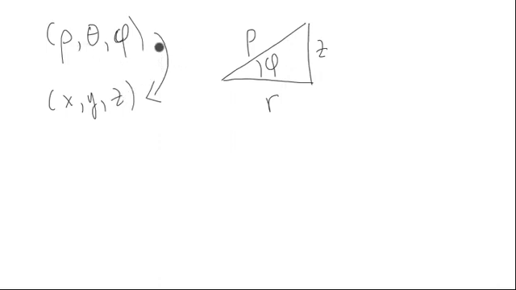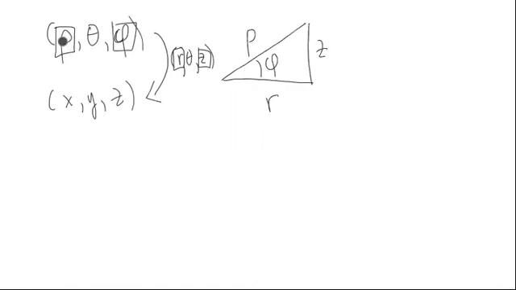That intermediate step is cylindrical coordinates, which is r, theta, and z. You see this r and the z, and this rho and this phi, these all go together in a triangle.